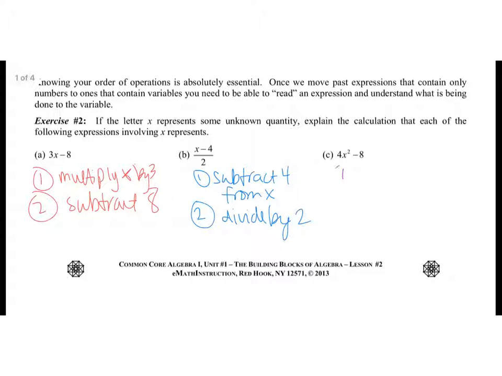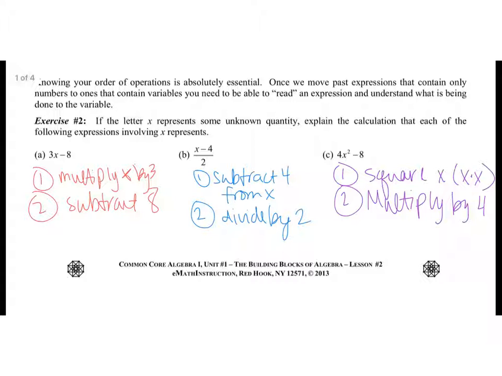And the last one, you square X, which will be whatever X is times itself. Then you multiply by 4. And finally, you subtract 8.